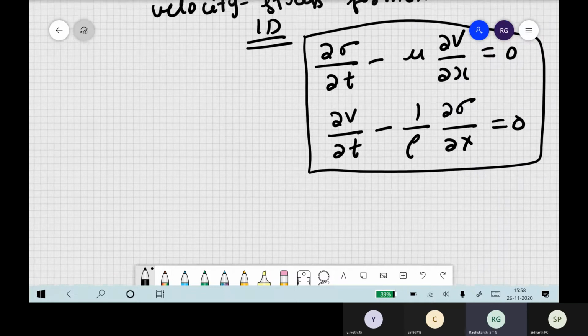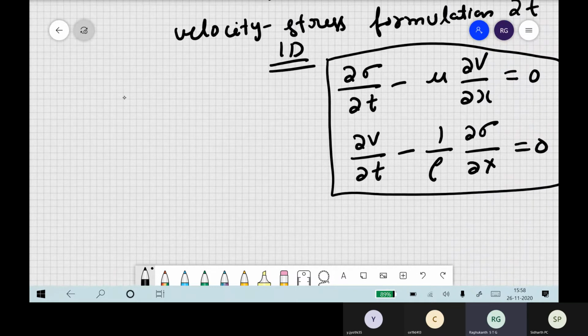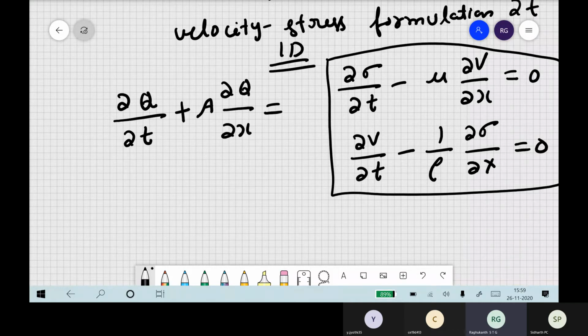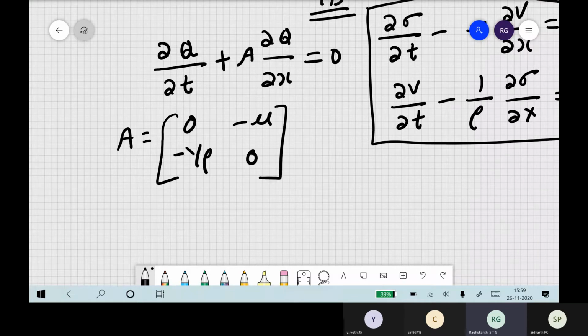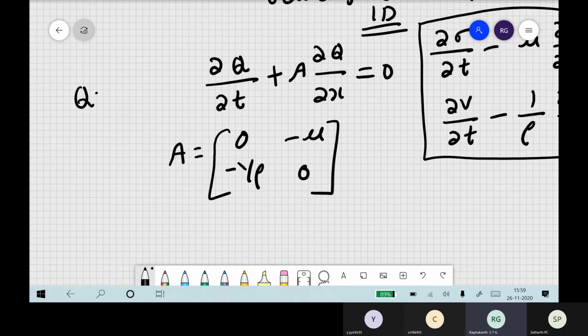Now you can write this nicely in a matrix format. So dou q by dou t plus A dou q by dou x is equal to 0, where matrix A is [0, minus mu; minus 1 by rho, 0], and q is the variables sigma and v transpose.